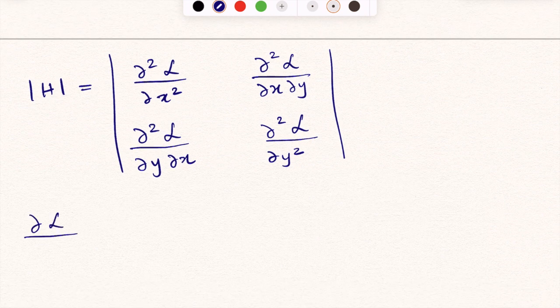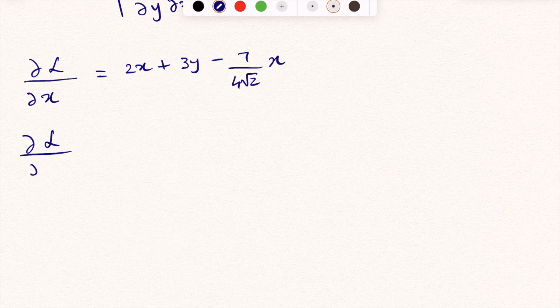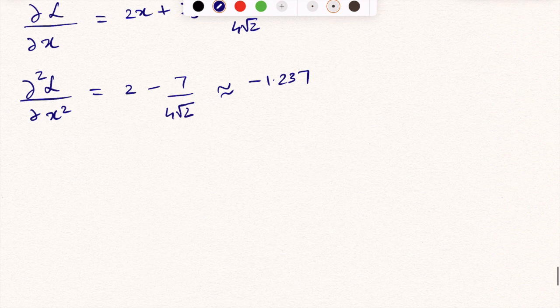Partial derivative of the Lagrangian with respect to x is 2x plus 3y minus 7 divided by 4√2 of x, so the second order derivative would be 2 minus 7 divided by 4√2, which is roughly equal to minus 1.237. Partial L with respect to partial x, then partial y.